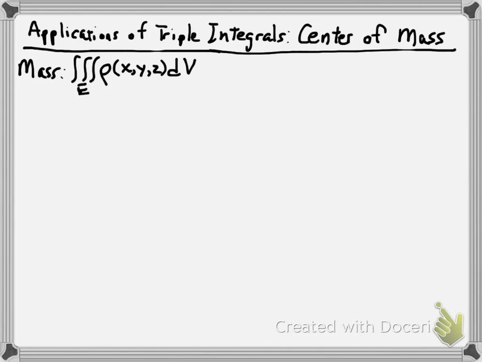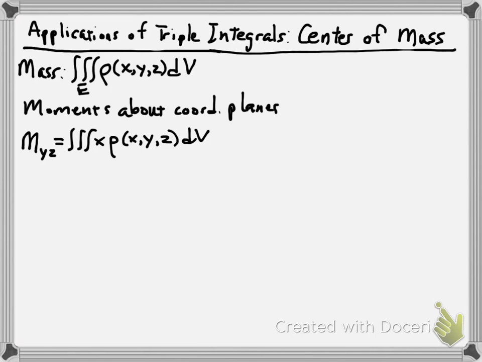And now there's moments about the three coordinate planes as well. So moments about the coordinate planes go by the following formulas. So the moment about the yz plane is a triple integral where the integrand is x times density.